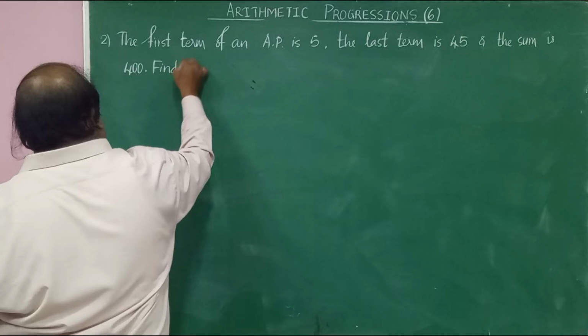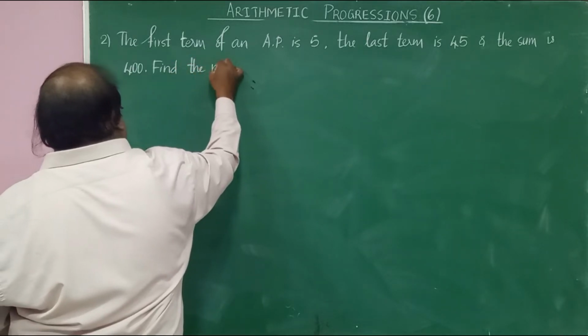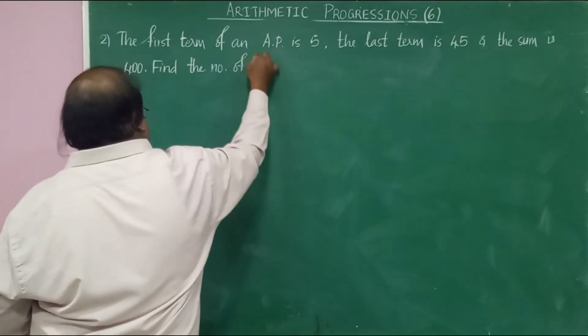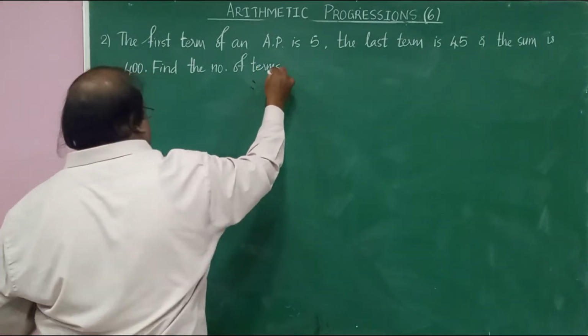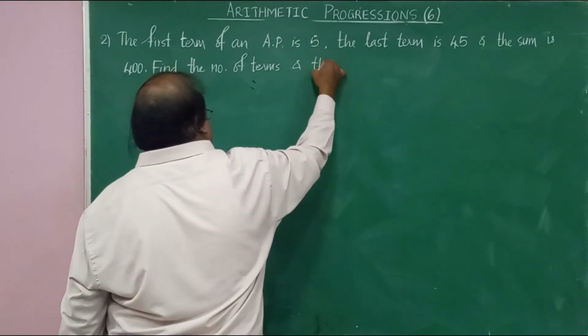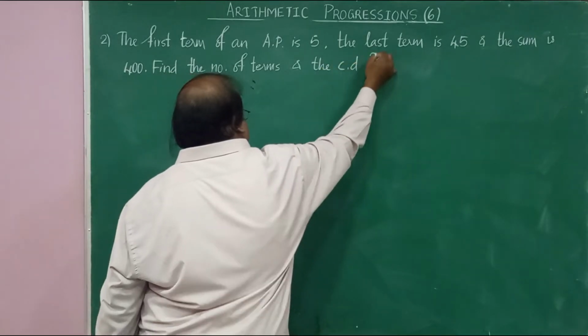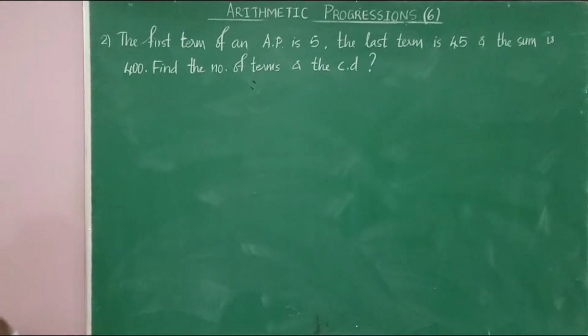Find the number of terms and the common difference. Let me just read the question. The first term of an arithmetic progression is 5. The last term is 45 and the sum is 400. You are asked to find the number of terms and the common difference.